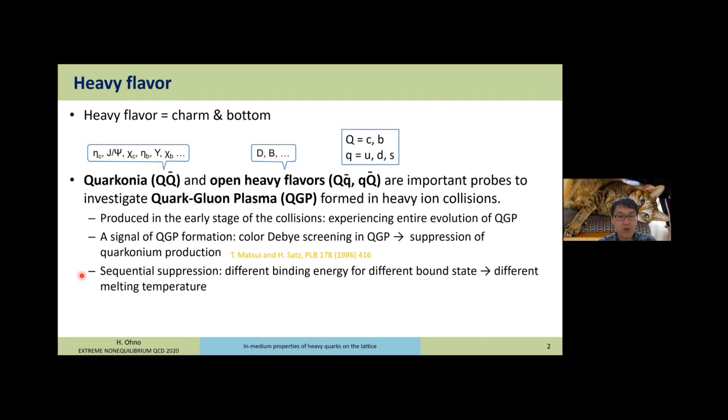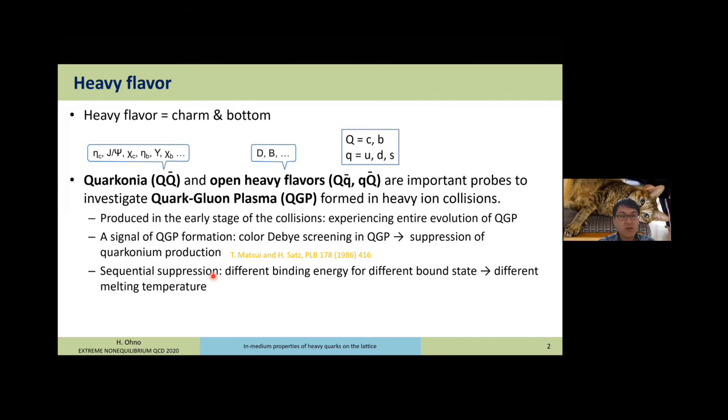That's very interesting, because this corresponds to a definite binding energy of a definite bound state, and that gives us some information about the melting temperature. By using that, one can know which temperature is reached in the hot medium.